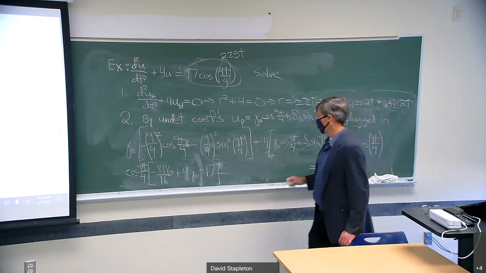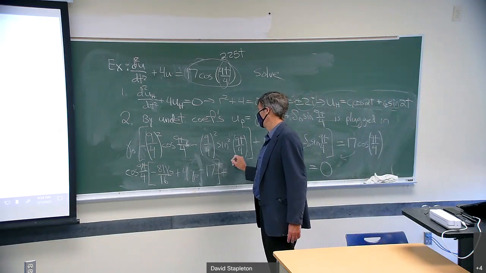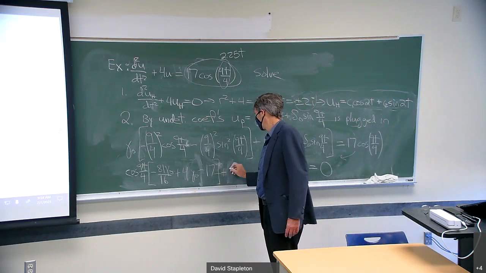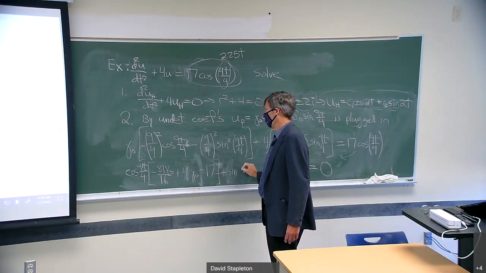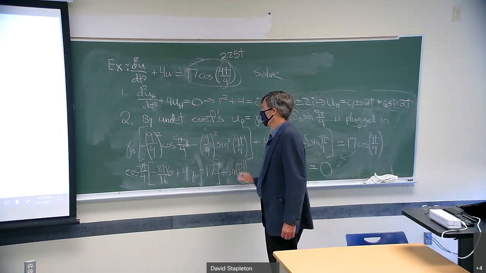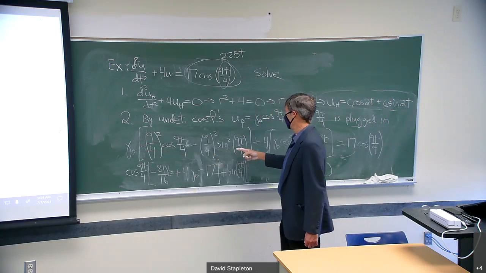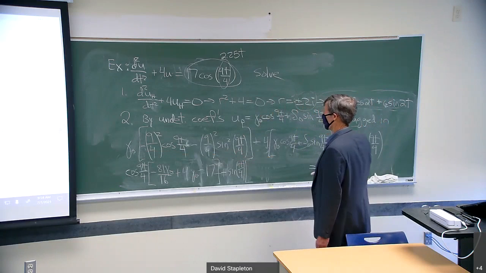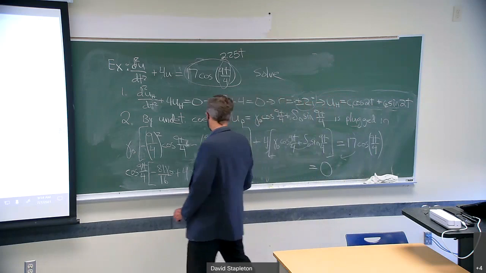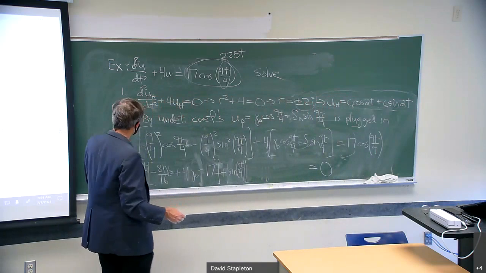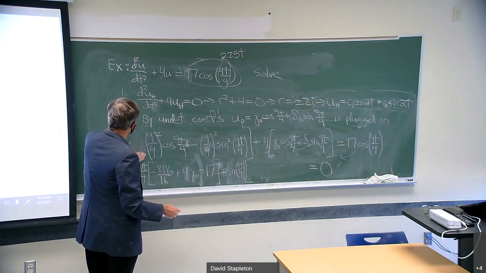Then there's also some sine terms, right? There's sine 9t over 4 multiplying gamma 0. Oh, wait a minute, I got this mixed up. This is gamma 0 here.